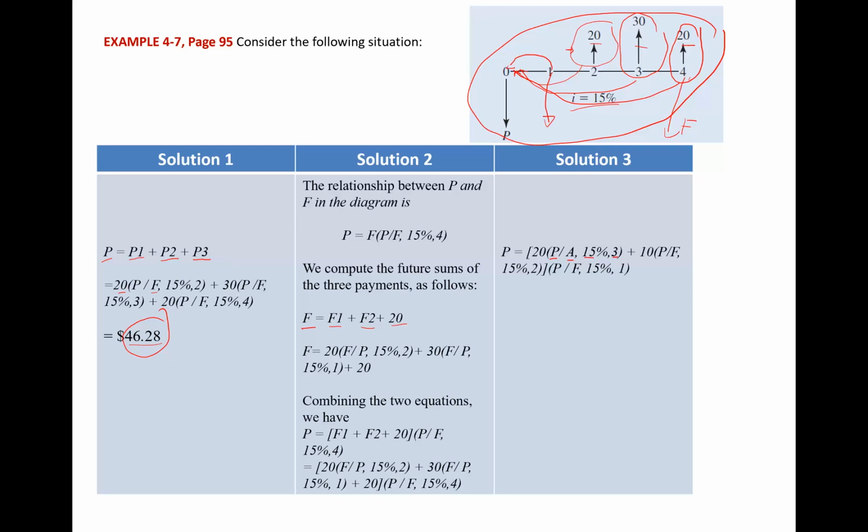I focus on the last solution because in it we consider that we have a uniform series and there is a $10 that is exceeded here, so we have to count it separately. We have the uniform series present value P1 here, and after that we bring P1 to P by this factor.